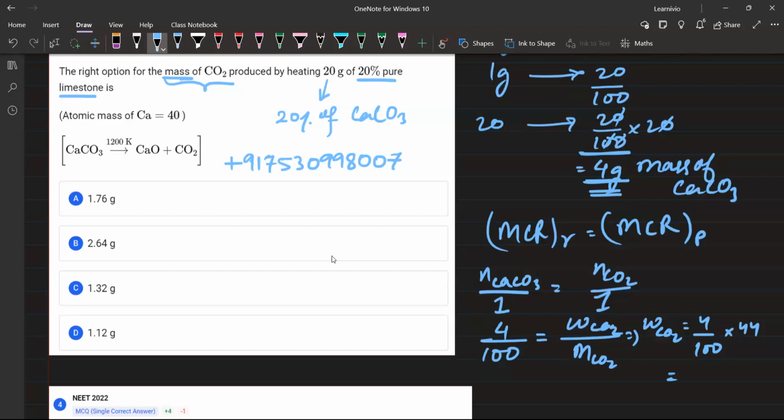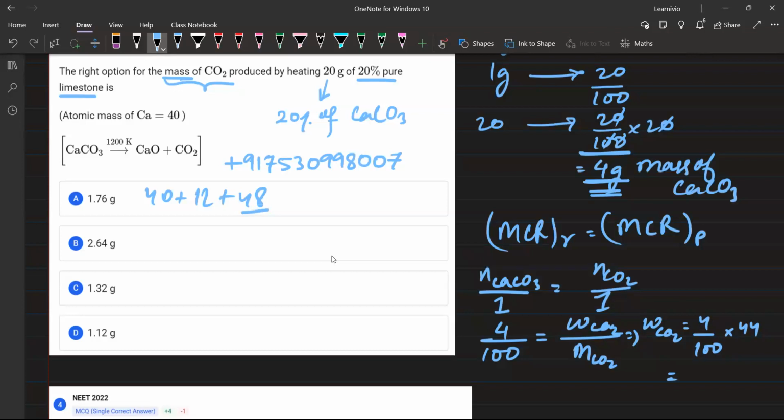Is it correct? Yes or no, please tell me. Wait a second, I get 100 for CaCO3. Then it would be 4.44 grams. Let me check: 40 plus 12 plus 48 is 100.